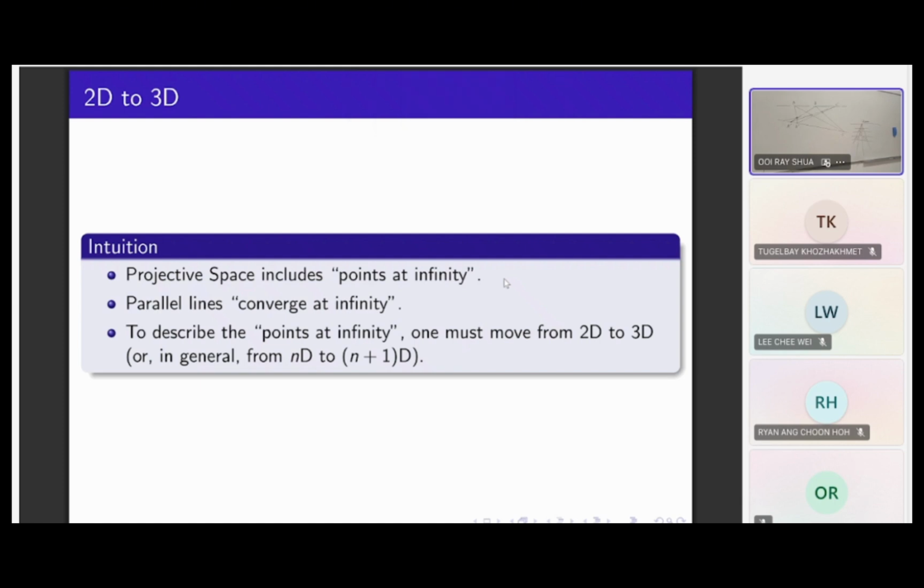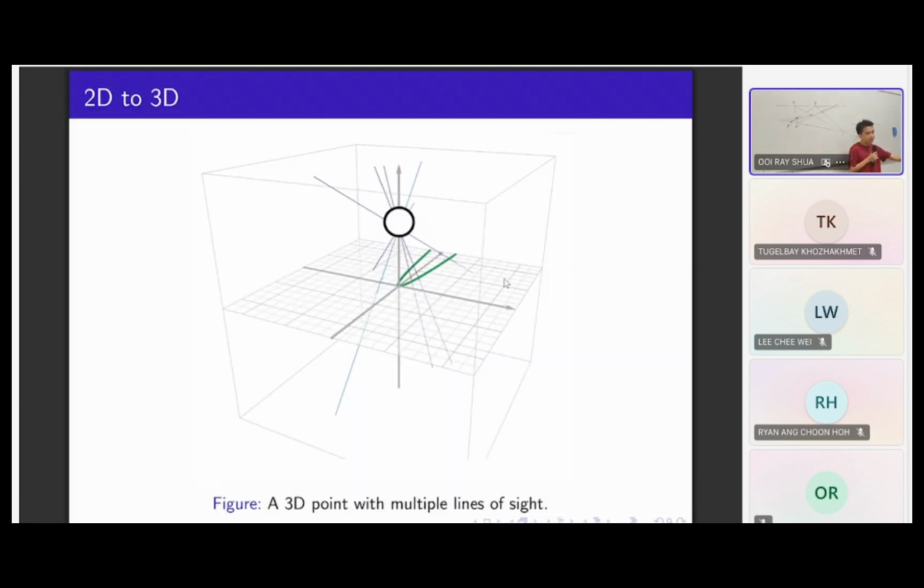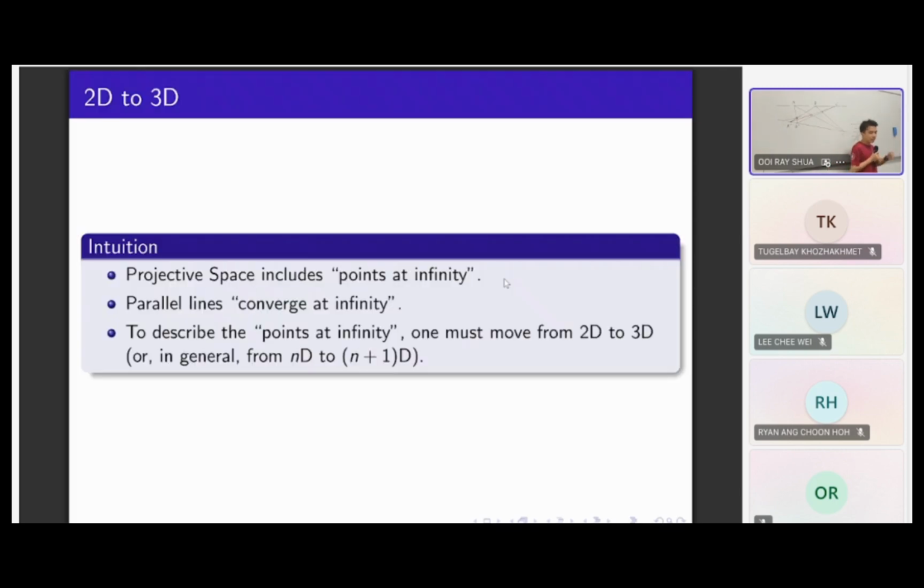And like in art class just now, parallel lines converge at infinity. And lastly, to describe these points at infinity, we need to go a dimension higher. For example, if we want to look at a 2D plane, we have to be a dimension higher to look at the infinities. So for these three points, we need to go up a dimension. Just keep this at the back of your head first.